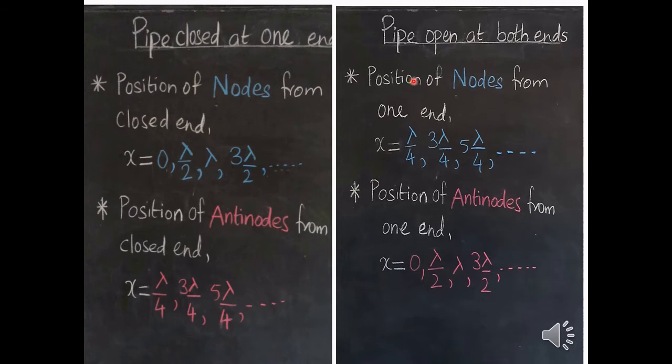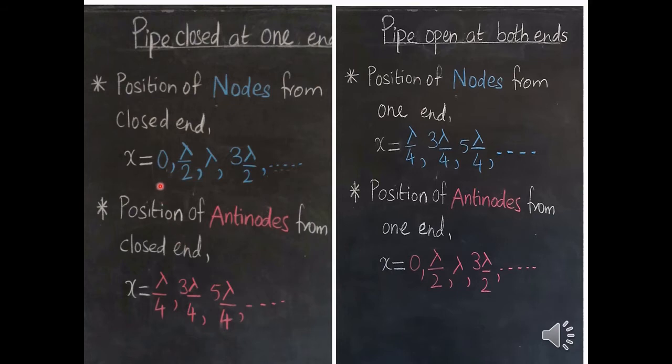For a pipe open at both ends, position of nodes from one end is x is equal to lambda by 4, 3 lambda by 4, 5 lambda by 4 and so on. So again the distance between two consecutive nodes here is lambda by 2. Position of antinodes from closed end is x is equal to lambda by 4, 3 lambda by 4, 5 lambda by 4 and so on. Because here the node is formed at closed end.